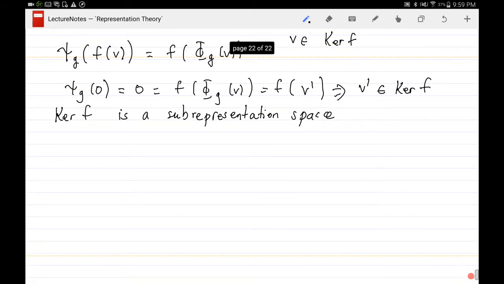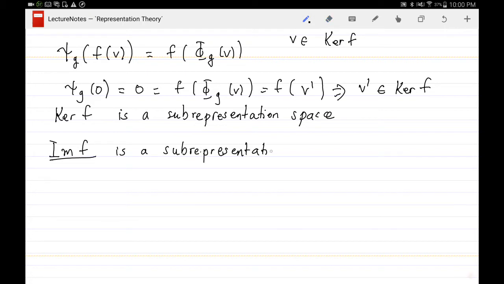All right. And the second part was looking at the image of the function F. This, we claim, is a sub-representation space of W.